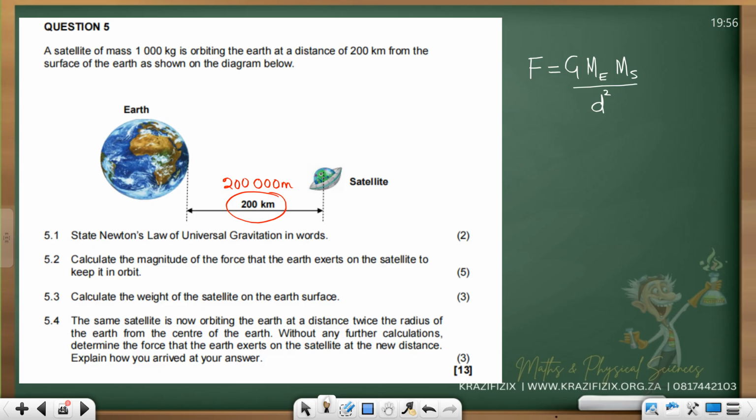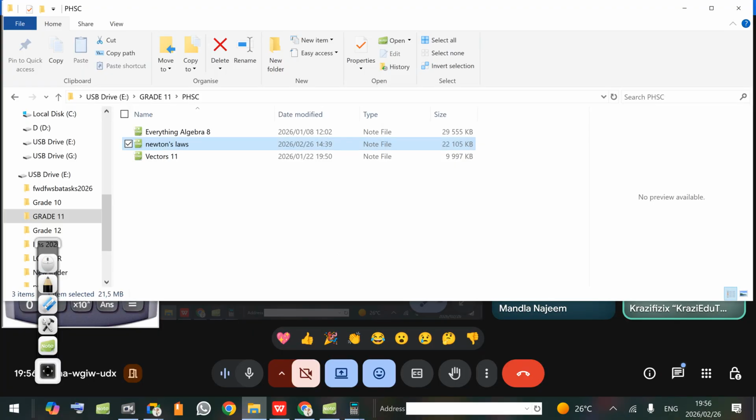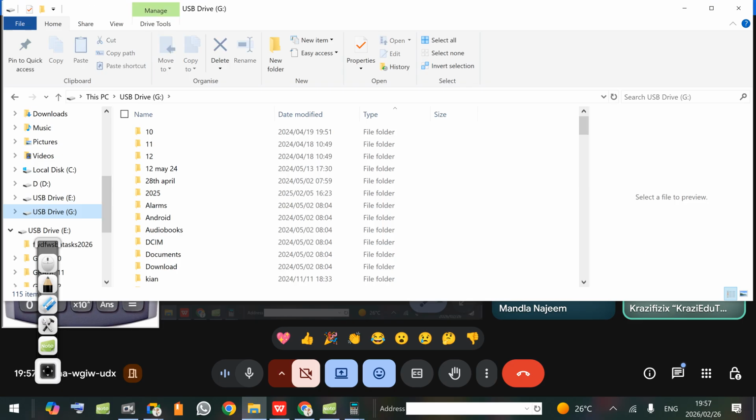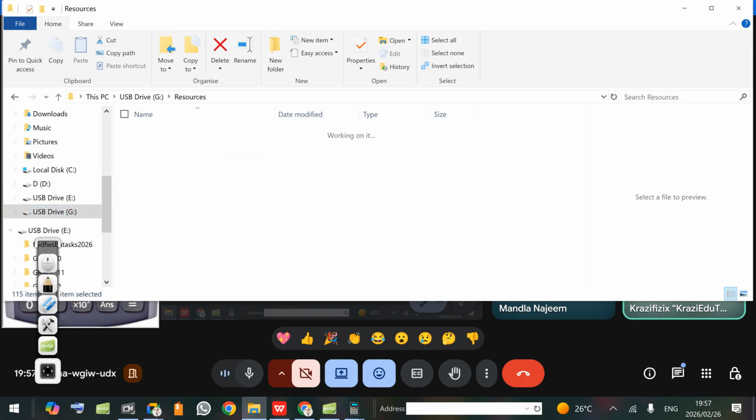Check that. That's my formula. G in itself is a constant. Now, somebody says, how do I weigh the Earth? The mass of the Earth is also a constant.